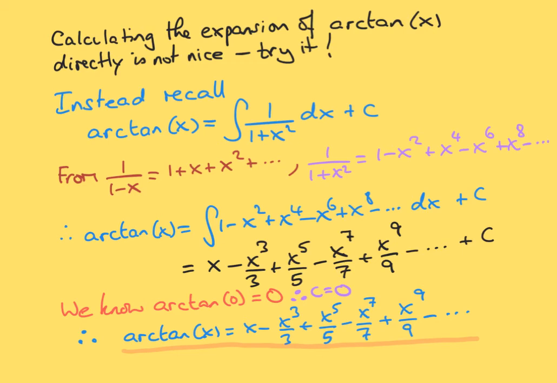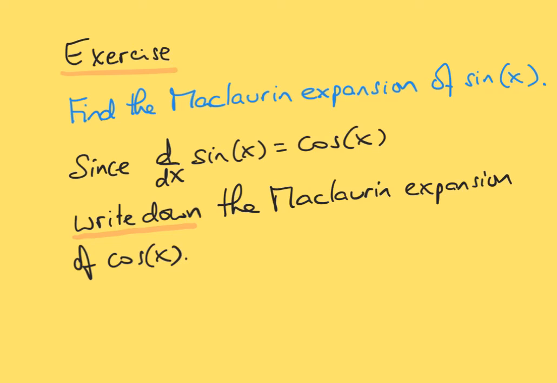So on the next slide, we're going to look at a slightly different example where instead of integrating, we're going to differentiate a Maclaurin expansion. And I'm going to set this as an exercise for you. So you may know the Maclaurin expansion of the sine function. If not, it is straightforward to calculate the first few terms from the formula for a Maclaurin expansion.